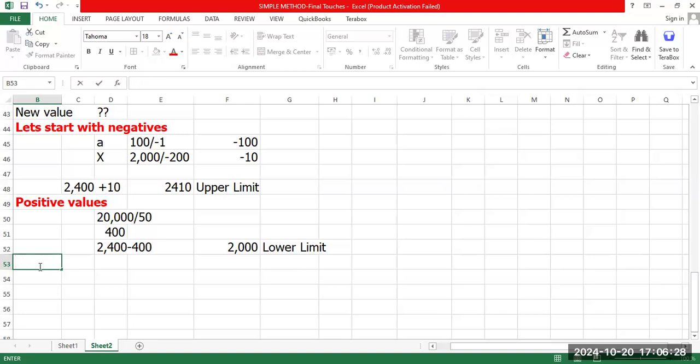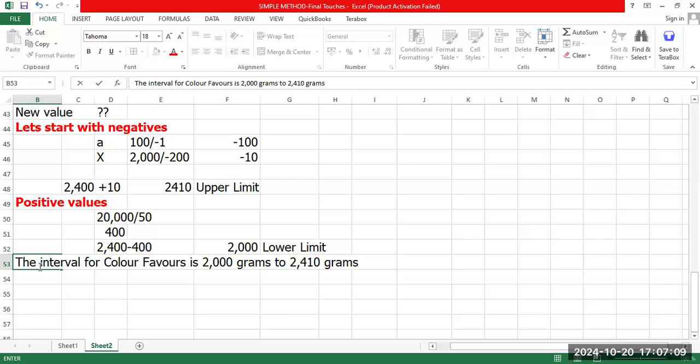We can say the interval for color flavor is lower limit 2,000 grams to 2,410 grams.